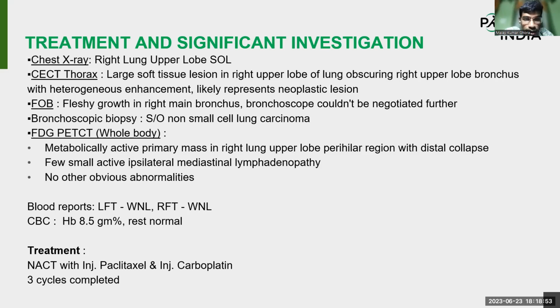There were no other obvious abnormalities. His blood reports were also essentially normal, except for hemoglobin of 8.5 gram%. He is currently receiving neoadjuvant chemotherapy with injection paclitaxel and carboplatin. 3 cycles have been completed so far.